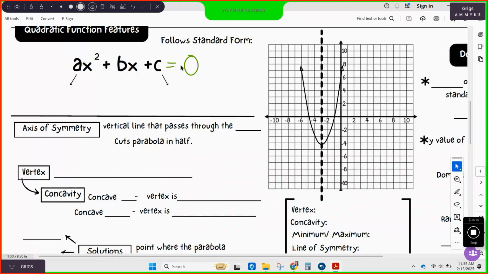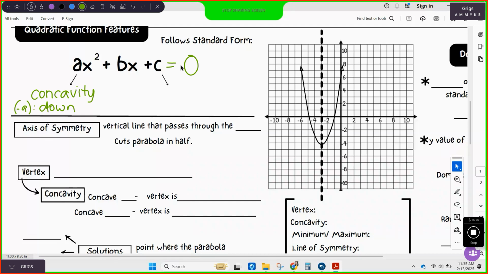Now, your a value in a quadratic function is going to determine your concavity. So a negative a is going to be down. So the a coefficient in quadratics represents the concavity.